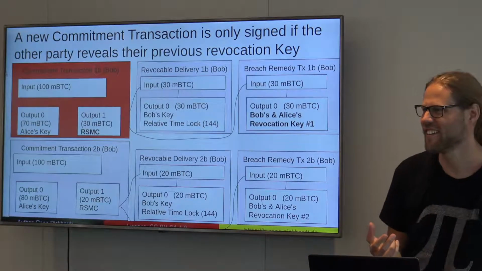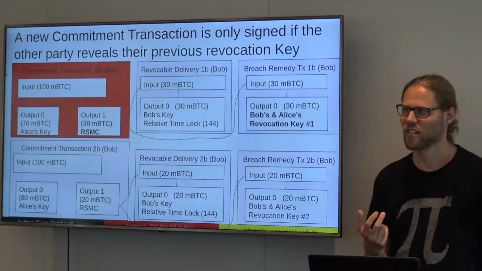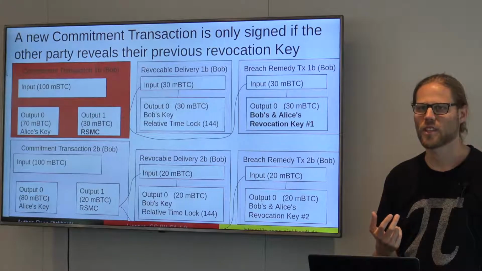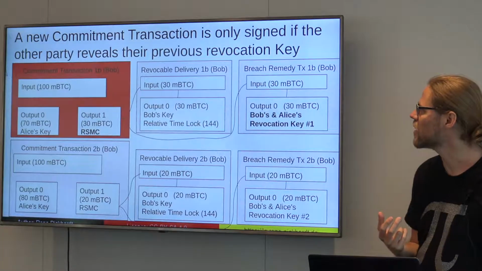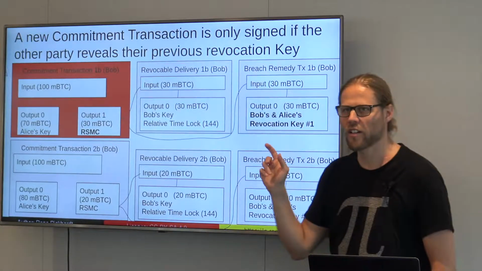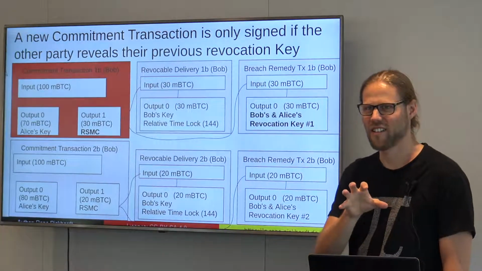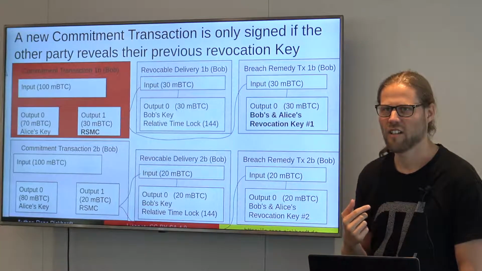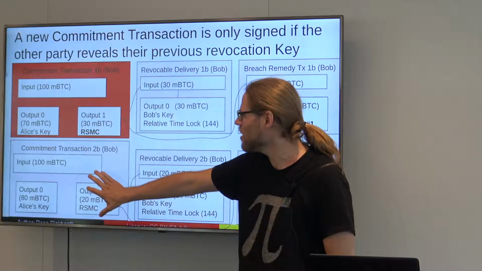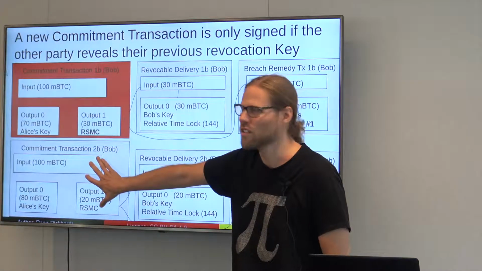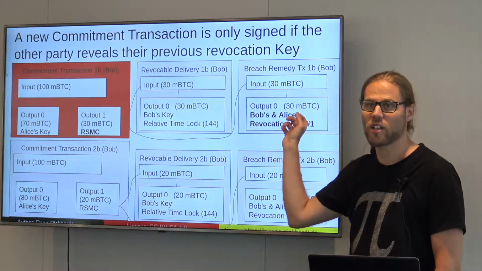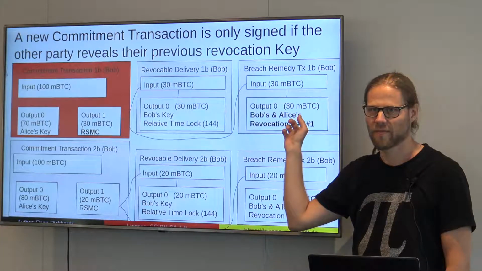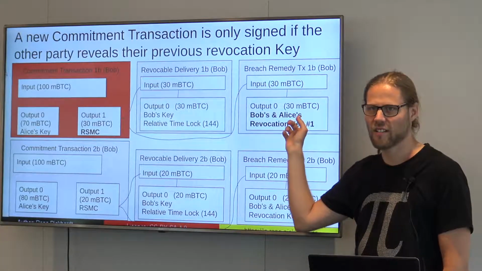Why should Bob not do this? Yeah. He loses his funds, right? So in order to lose his funds, Alice has to do something. She has to say, yeah, I'm only signing this commitment transaction if you share your revocation secret with me. Right?